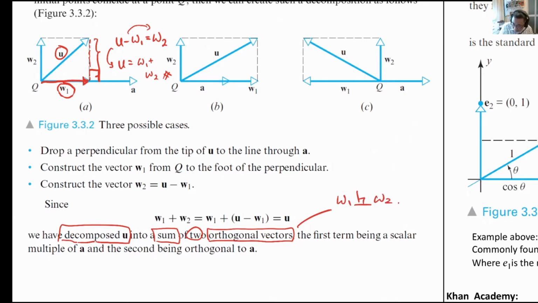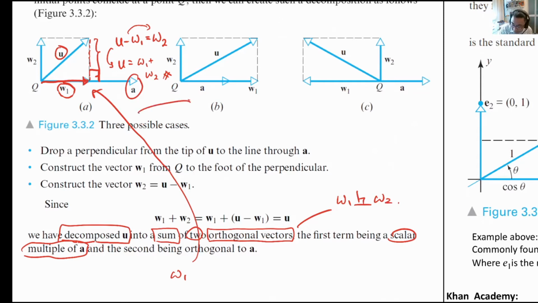And W1 is a scalar multiple of A, because in this example on top, A is a long vector and W1 is a smaller version of it, but they are pointing in the same direction.